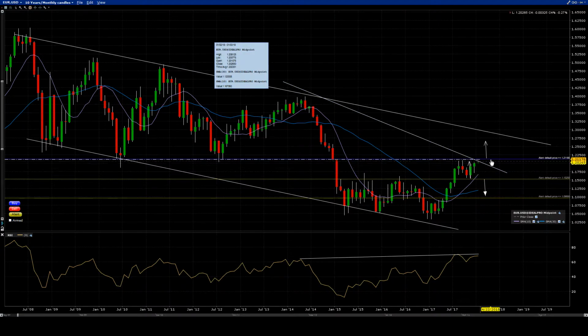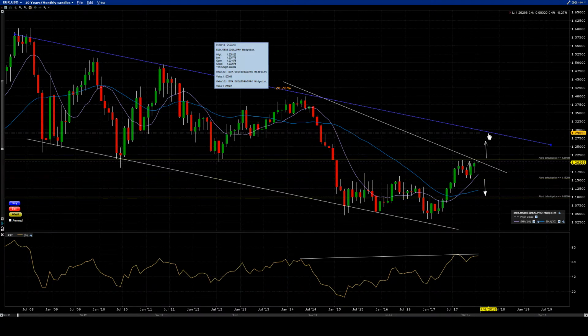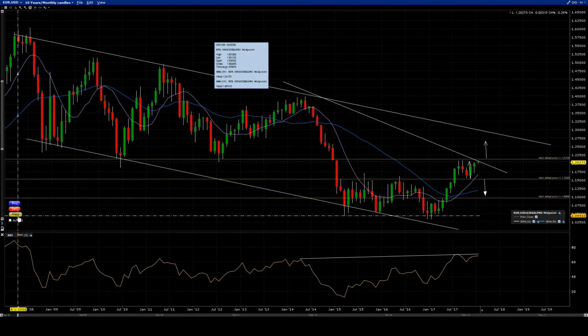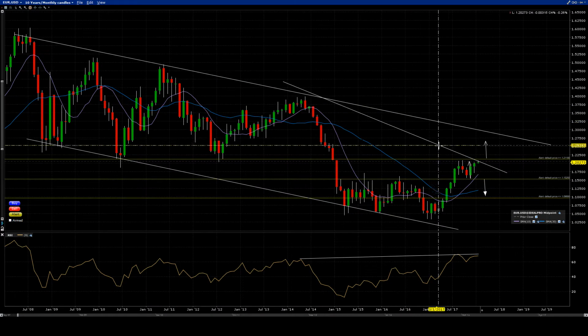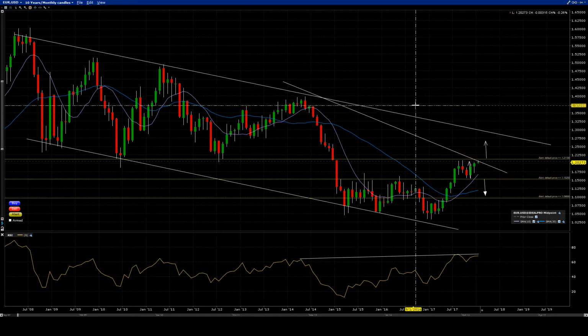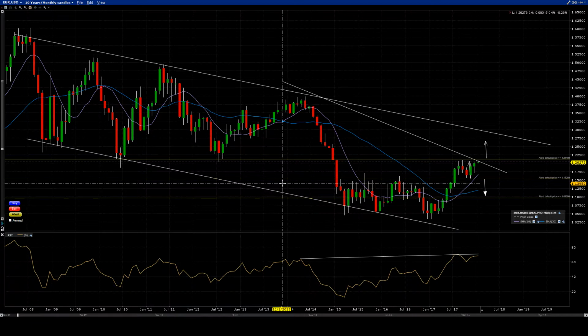So even if it would break out upwards above this line, I would probably still want to wait for it to test and break the descending channel pattern, and have it morph into something else before I would enter and play it. Very delicate. Charts morph over time. Right now, this is what I see.